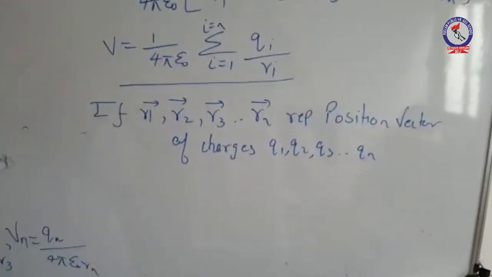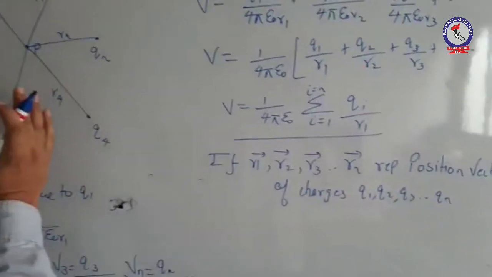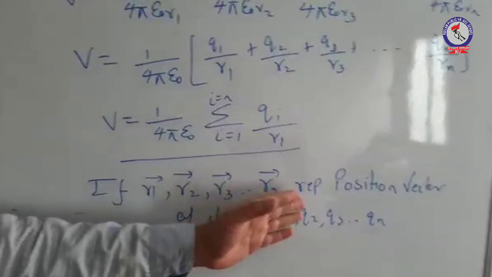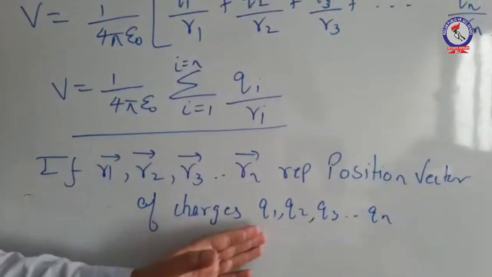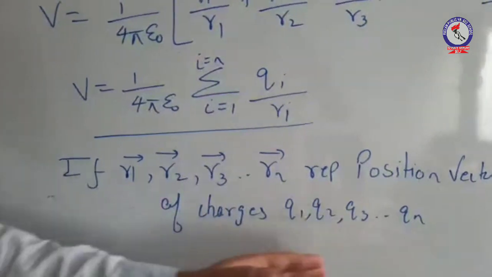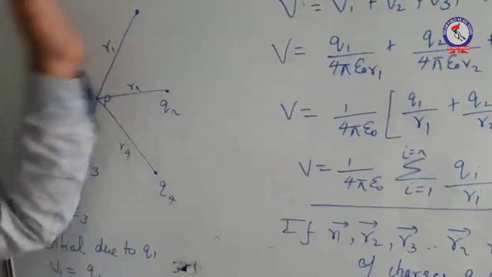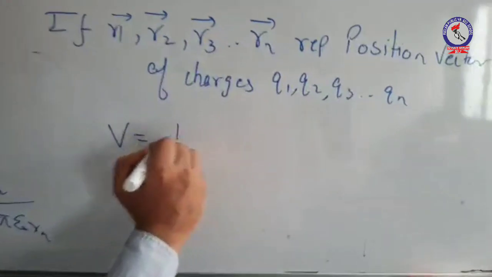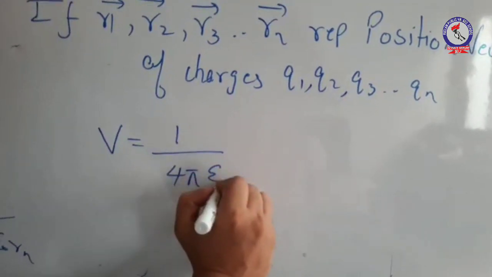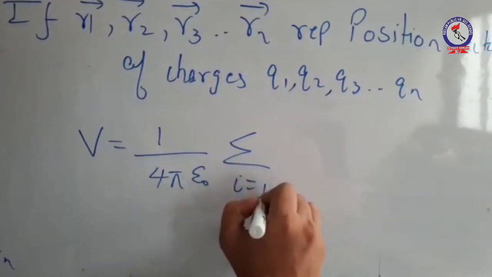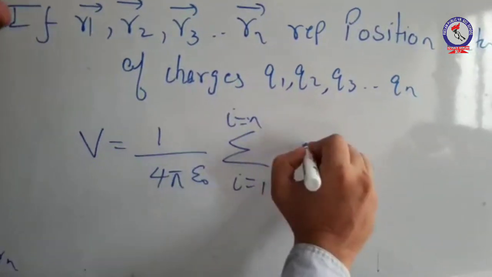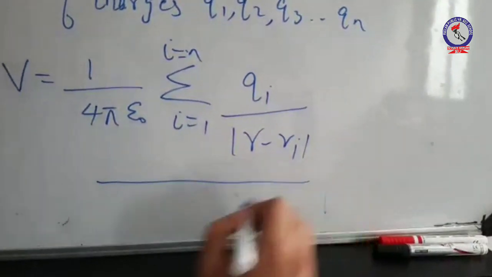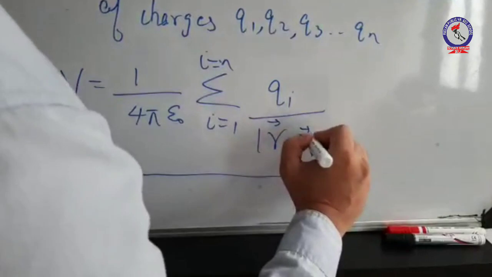Then the similar expression for potential due to this system of charges at a particular point is as follows. I am repeating this: if R1, R2, R3 and Rn represent position vectors of charges Q1, Q2, Q3 and Qn, then the net electric potential due to the whole system of charges at point P can be written as V equals 1 upon 4 pi epsilon 0 summation of i equals 1 to n Qi upon the magnitude of R minus Ri. This is the expression in terms of their position vectors.